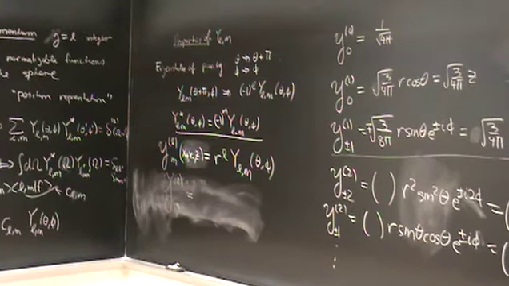But we care about superpositions. So suppose I was in a superposition of this and this. Well then, what I would find is that the particle would have more probability amplitude at theta equals 0 because I would have constructive interference between these two, and I'd have less probability amplitude at theta equals pi.